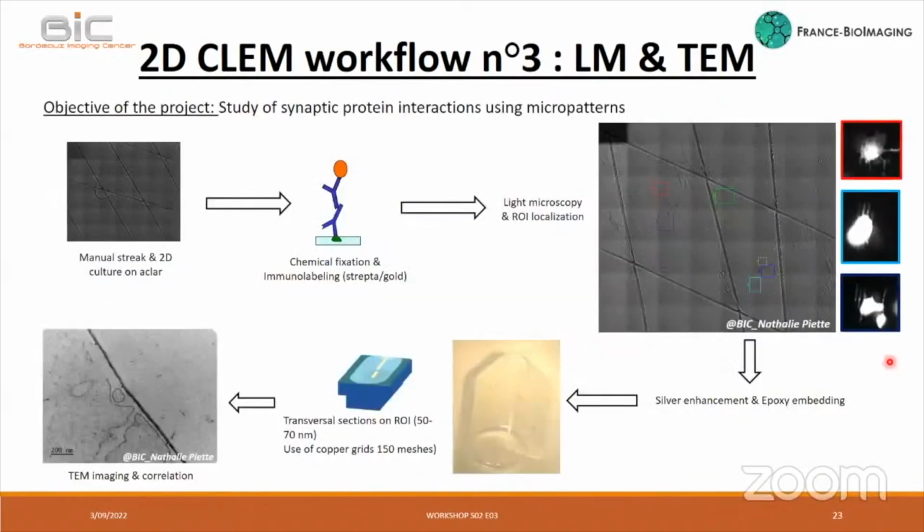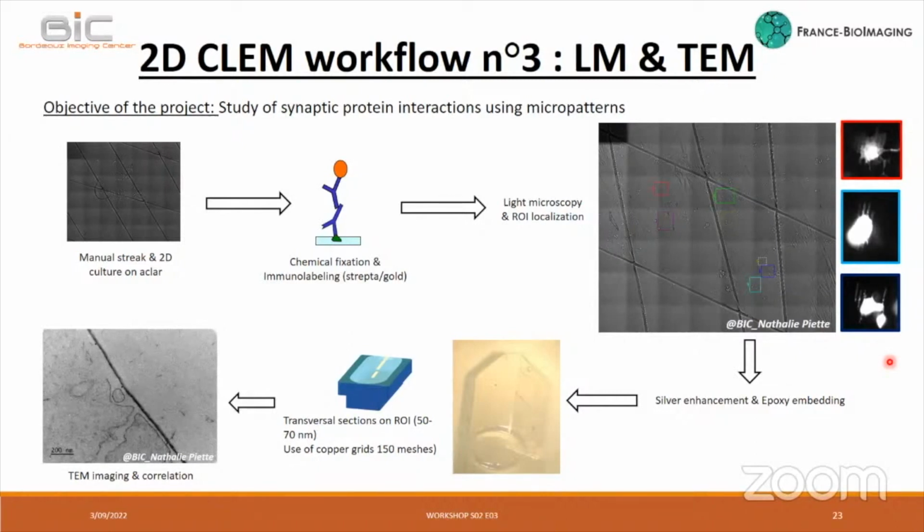The third workflow is a combination of light microscopy and TEM at room temperature too. But in this case, this technique is the most simple way that we can use, without any specific support.